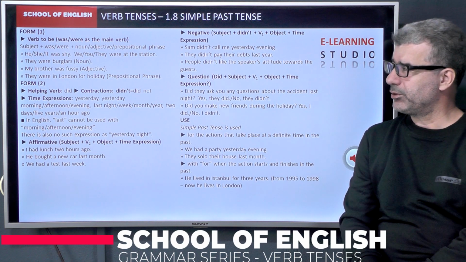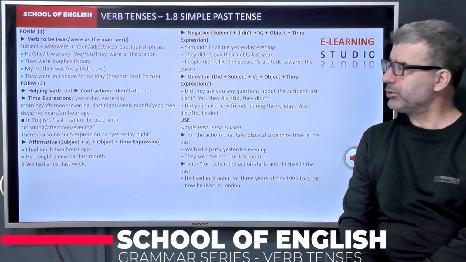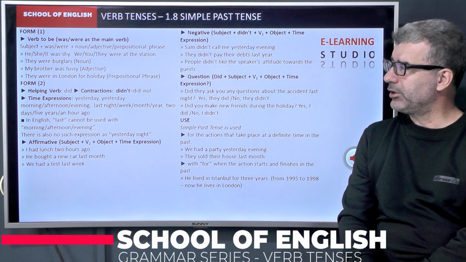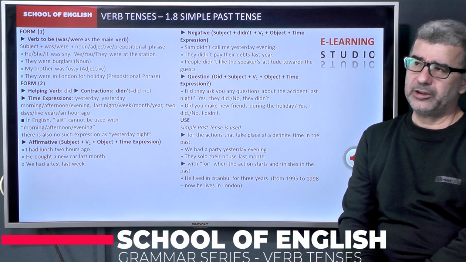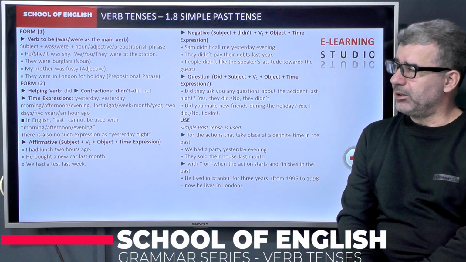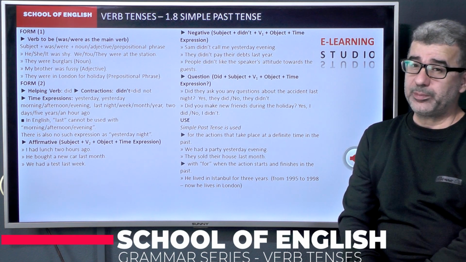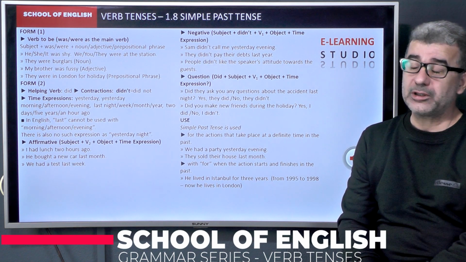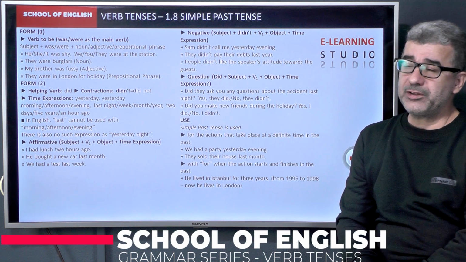We use subject first, then was or were. You're already familiar with this. And then you can use a noun, adjective, or a prepositional phrase. The be verb we use in simple past tense is not the was verb we use in past continuous tense. What is the difference?